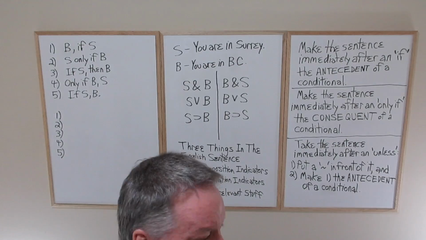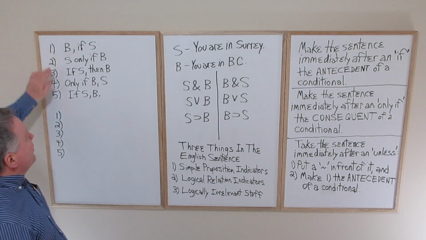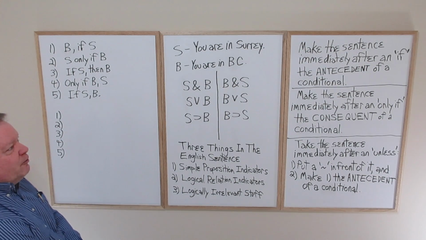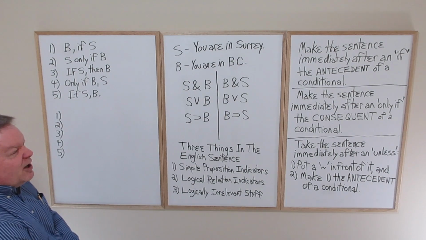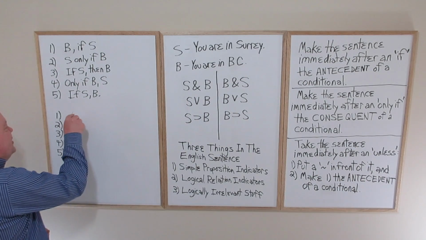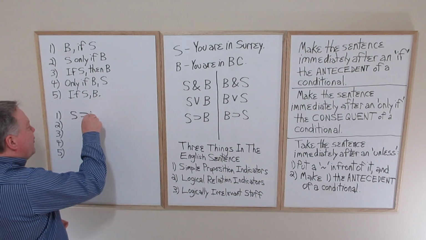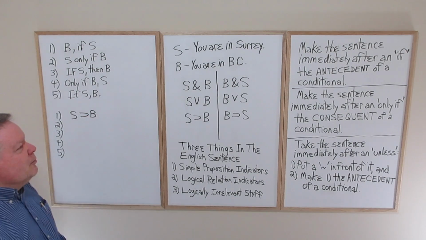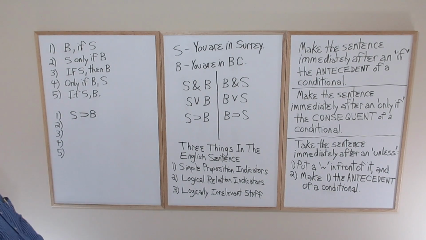All right, so what do our principles tell us? In the first sentence here, we've got an if. So what does the principle tell us? Make the sentence immediately after the if the antecedent of a conditional, the part that goes before the horseshoe, and the other part, the B, becomes the consequent. The second sentence, do we have an if or an only if? We have an only if.